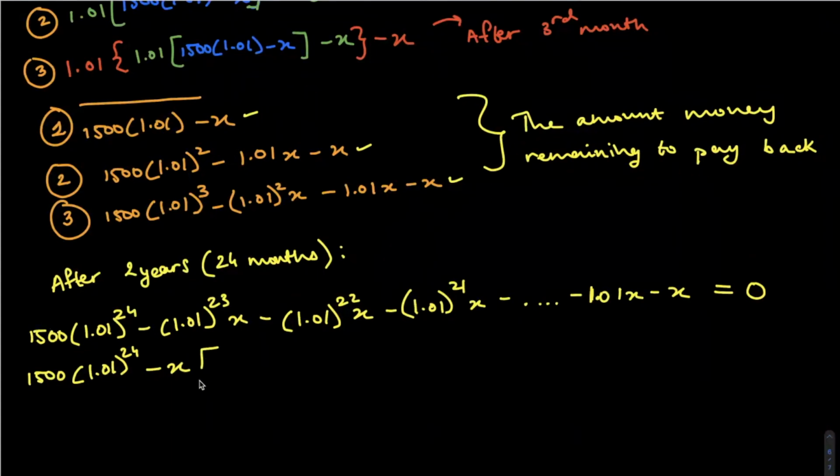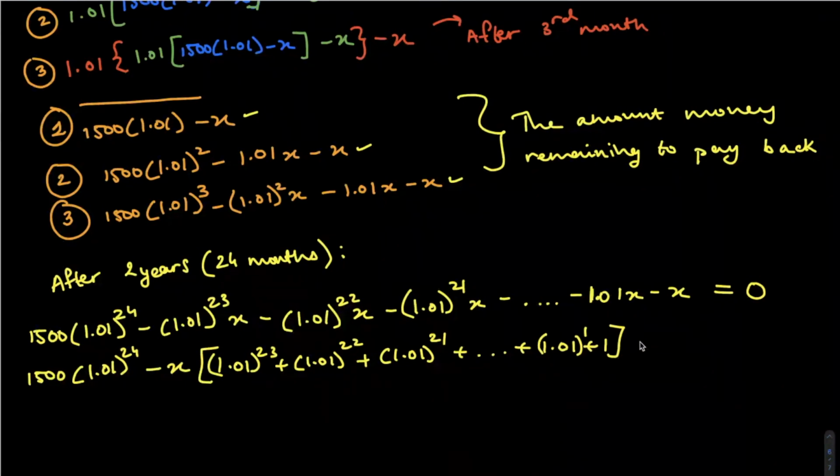What I'm going to be left with inside is 1.01 raised to the power 23 plus 1.01 raised to the power 22 plus 1.01 raised to the power 21, all the way up to 1.01 plus 1. I can put this as raised to the power 1, and it's 0 raised to the power 0, so I didn't bother putting it, but I hope you get it. All right, equals 0.